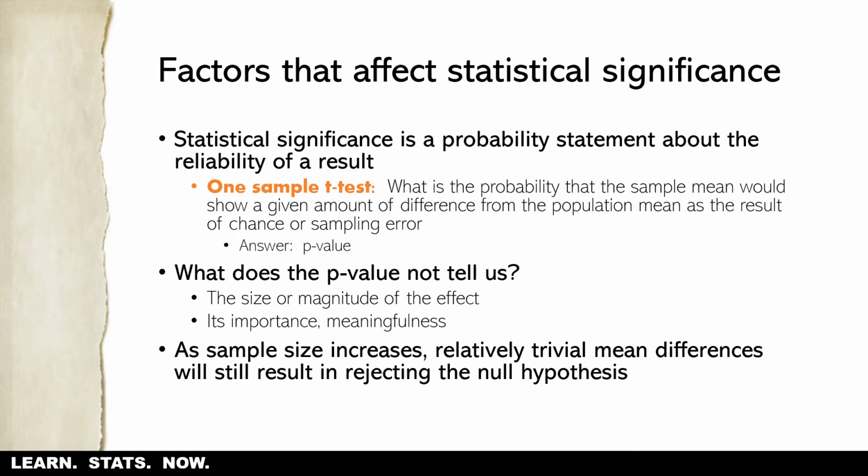So we'd be pretty loath to actually conclude that a statistically significant finding is in fact truly meaningful. It could be, with a very large sample, a very trivial difference. Right, and so the standard error of the mean becomes smaller and smaller as the n gets larger and larger, making it easier to reject the null hypothesis.